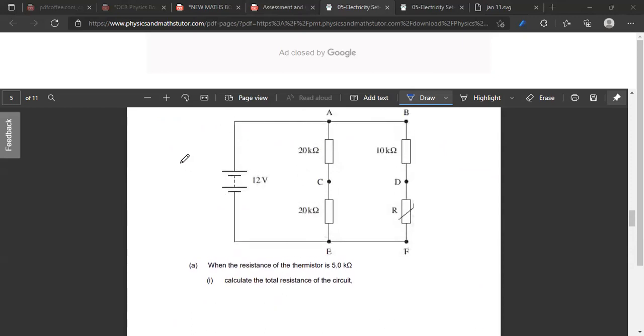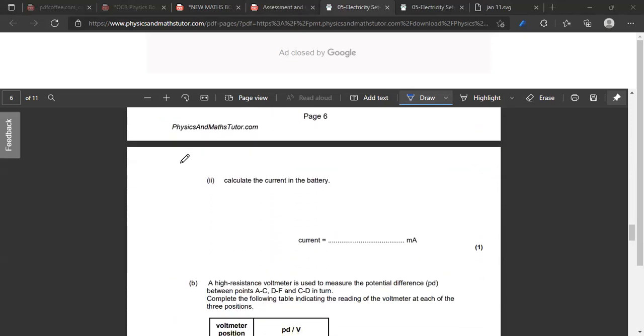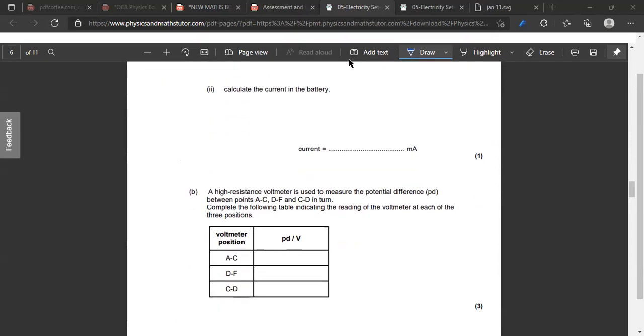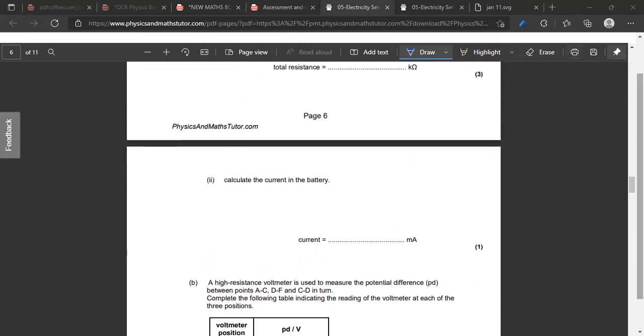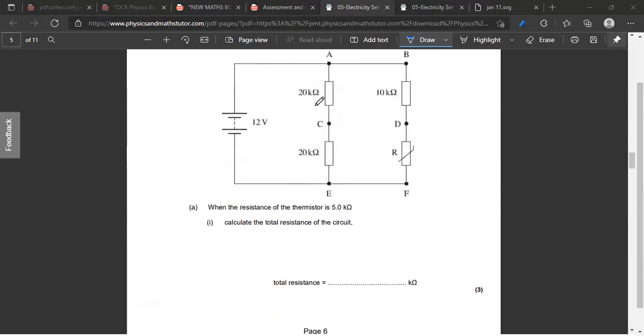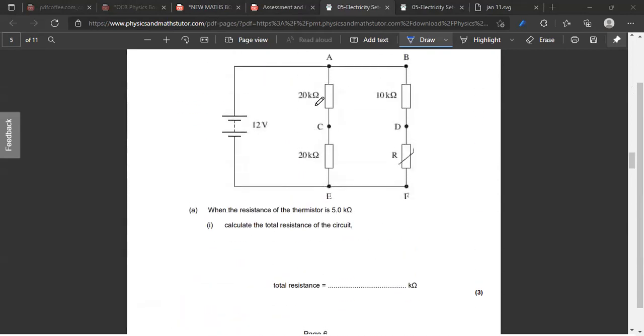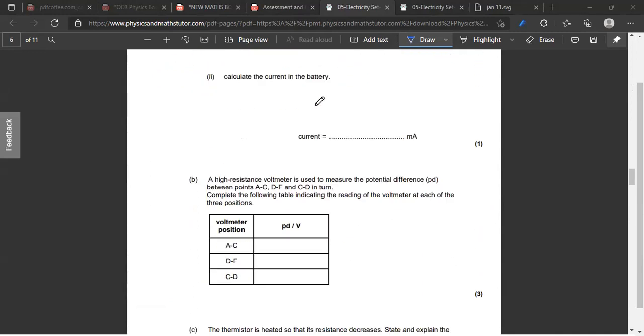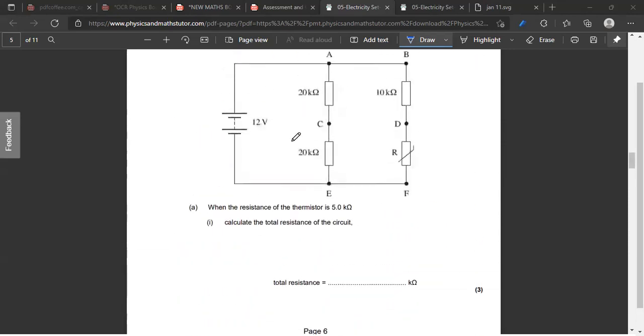You know where it shows the ad closed by Google? Like the scrolling thing on your right. Yes, there you go. You know where it showed that table, 4B? Scroll. There you go, all of 4B and all of 4C. The total resistance.